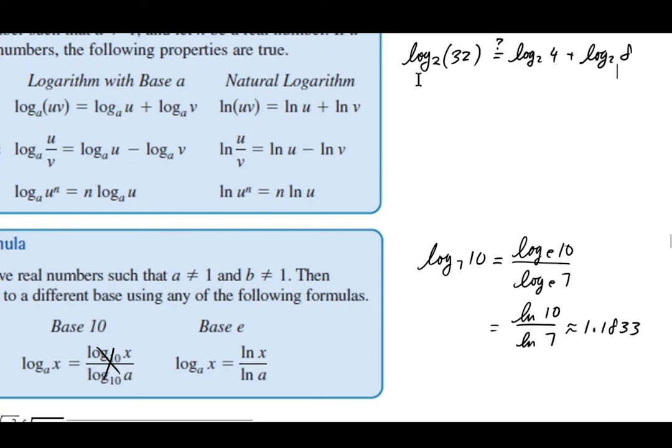Now we have just learned how to evaluate this logarithm. So log 2 of 32, let's review it. That means 2 to the something power is equal to 32. So do you all see 5 in here? This number right here is 5. Likewise, this number here is 2 to the something power is equal to 4. That means it's 2 here.